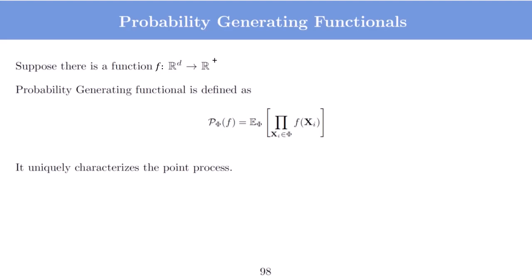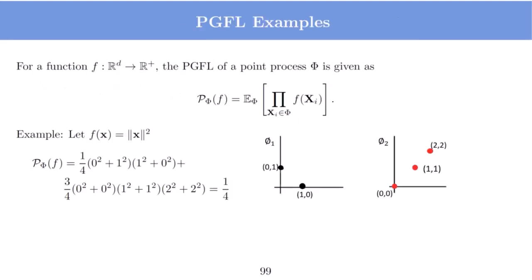So let us see how we can compute this. Let's assume there is a function. The PGFL of point process phi is given as this. And if we take the standard example we took earlier, there the point process takes two realizations, this one and this one. For the PGFL, if we want to compute for the first realization, what is the value of the function?